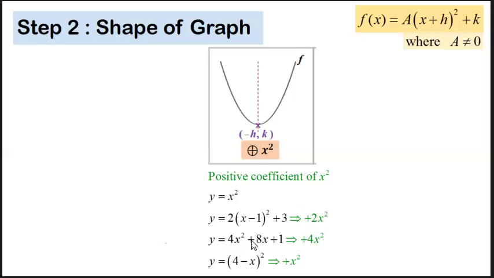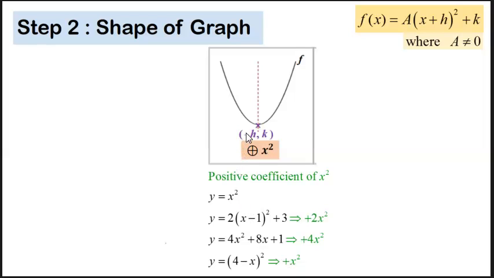Then y equals 4x squared plus 8x plus 1, which is the general equation of a quadratic, where we can see very obviously the quadratic function comes with x squared with a coefficient of positive 4. And lastly, y equals 4 minus x squared. By the time you expand, you have the coefficient for x squared being negative 1.